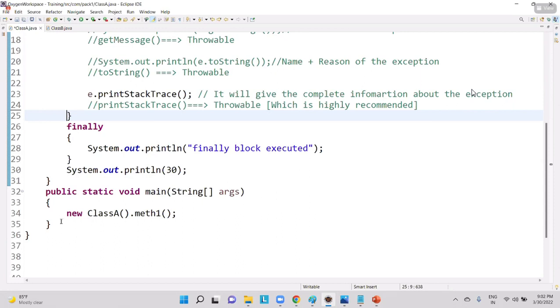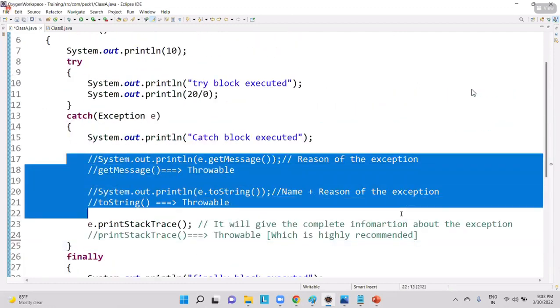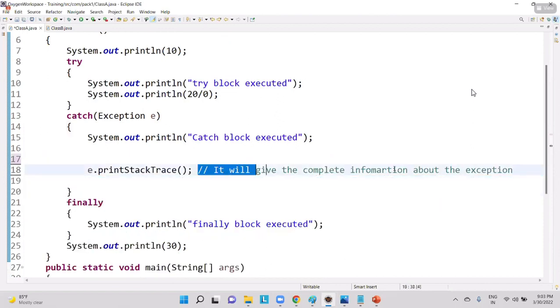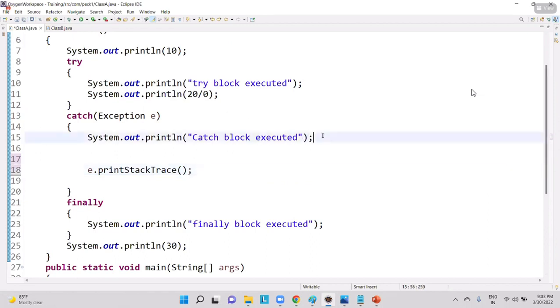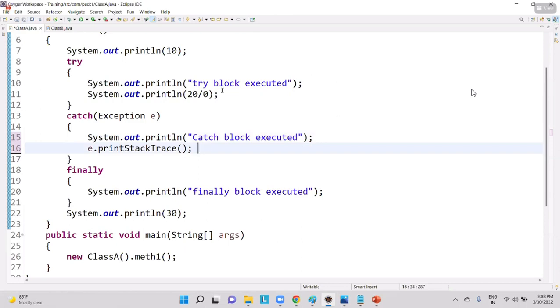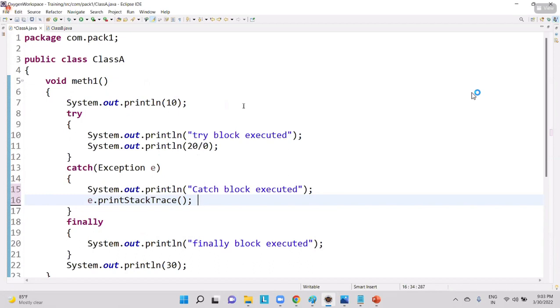Done, guys. Done, done, done. I hope it's completed. Is it done? Right, okay. Now.